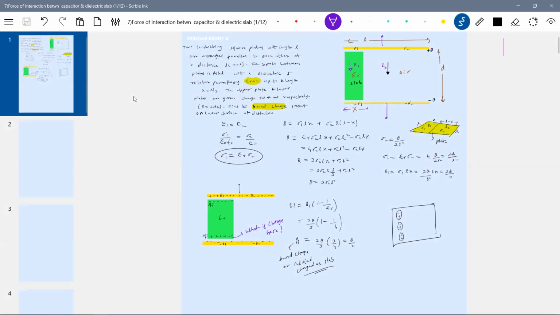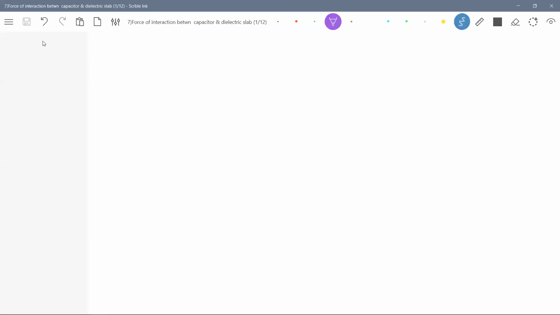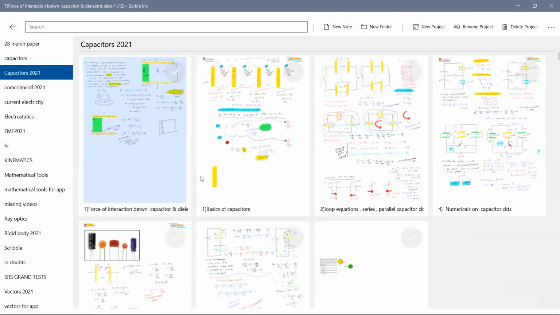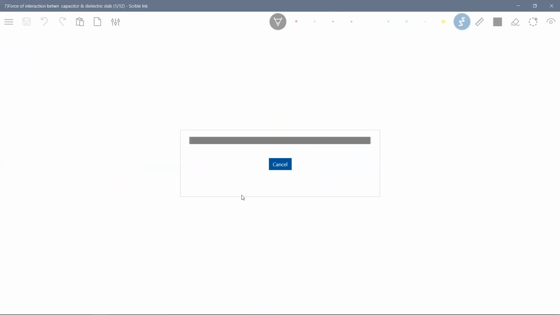Okay, now yesterday's question, can you answer it now? Yesterday's question, I'll take it up. Capacitors with dielectrics.